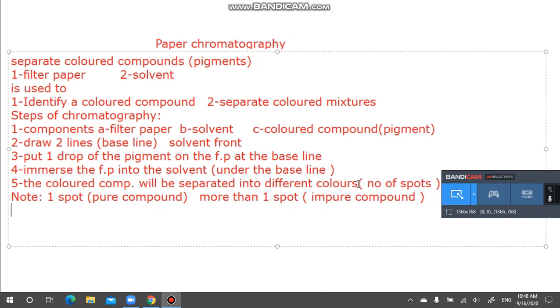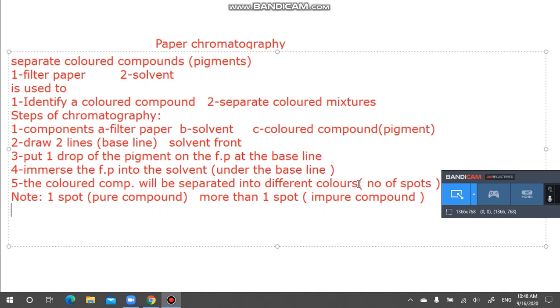If it gives 4 spots, they are right. And what will happen if it gave only 2 or 3 spots? So it contains only 3 types of fruits.